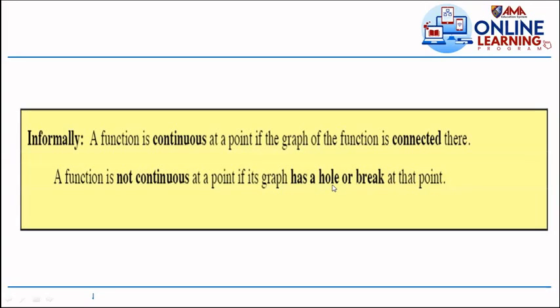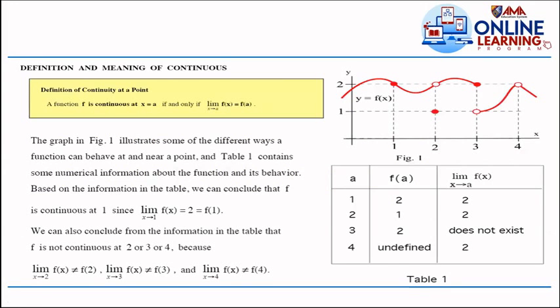So kung meron kayong butas, or break at the point, hindi siya pwedeng tawaging continuous. So there are two ways kung paano natin malalaman pag ang functions natin ay continuous. First, using the formula. Okay? And you're going to apply on the figure. Pero makikita rin po natin kaagad pag continuous based on our figure.